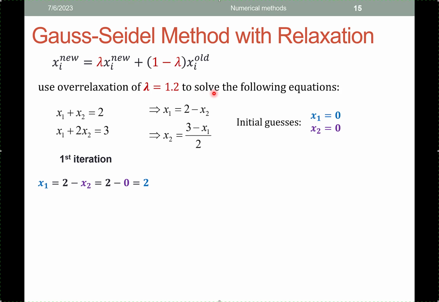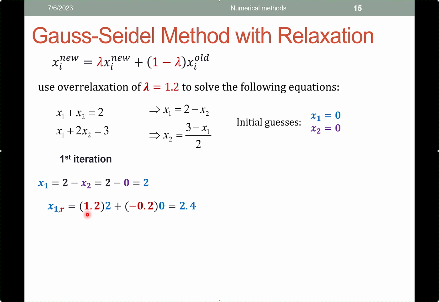So in the first iteration, we have x1 equals 2 minus x2, so 2 minus the initial guess of x2, which is 0. We get a value of 2. Now I take this value and I plug it into this equation with the 0 and the 1.2.